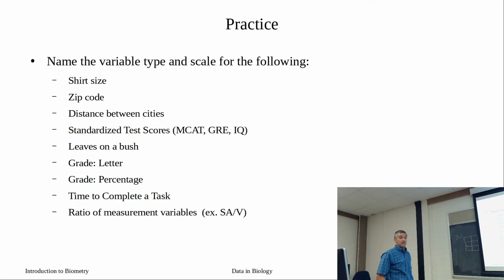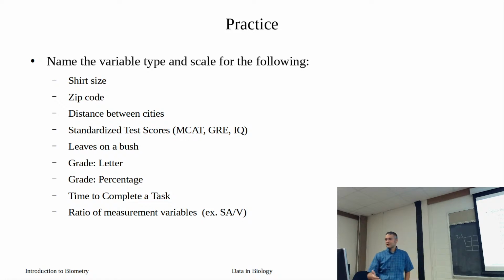Letter grade. Qualitative, right? We use an attribute, which is a letter. Nominal or ordinal? Ordinal, because we set up a ranking system. We've artificially created that ranking. But what about percentage grade?